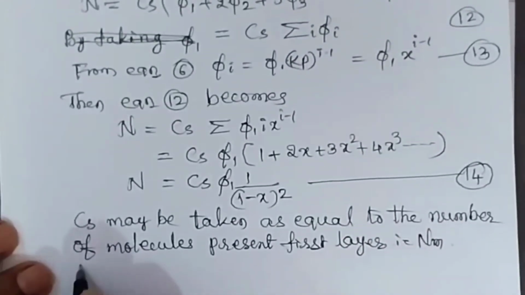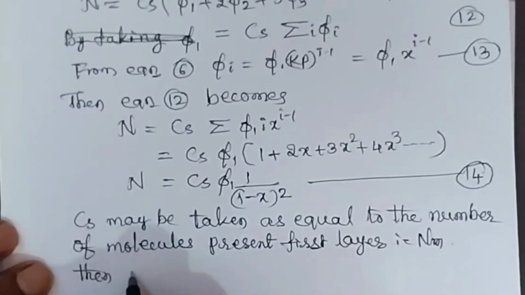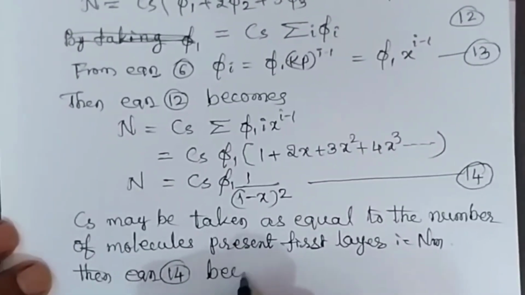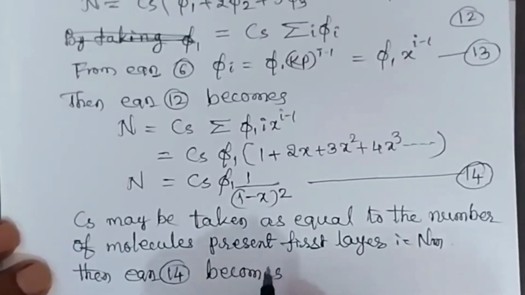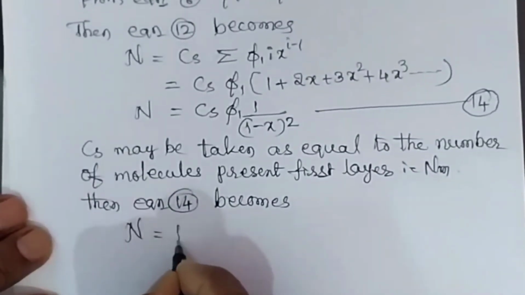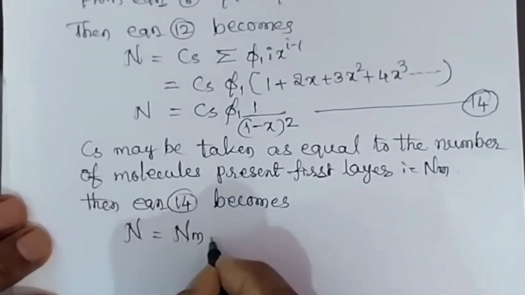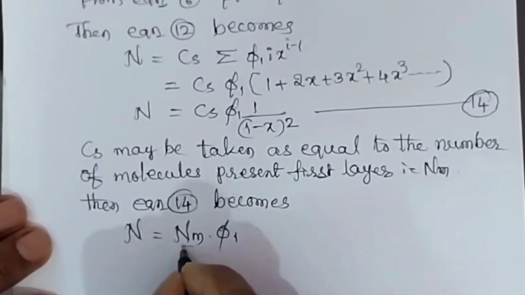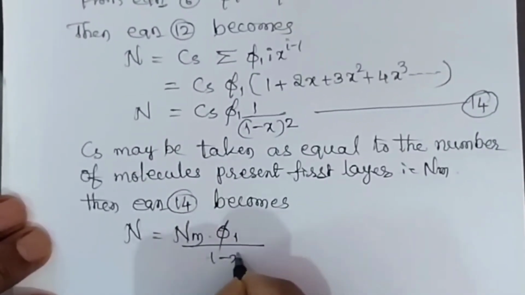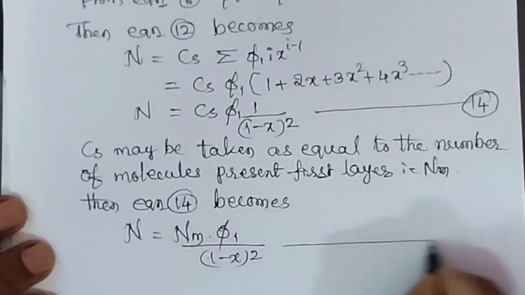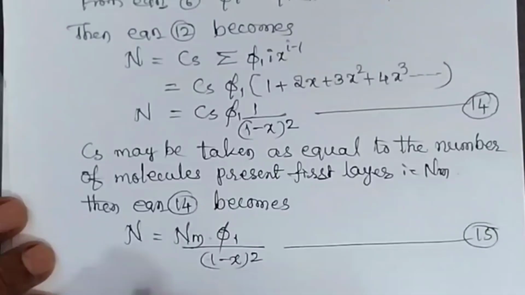Then equation 14 becomes N equal to Nm into pi 1 divided by 1 minus x square. So this is equation 15.